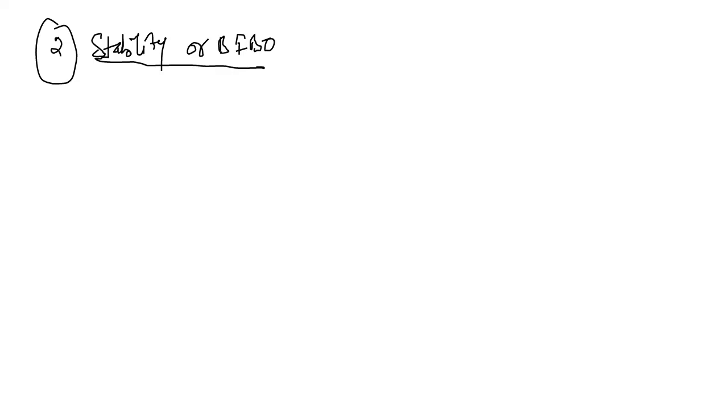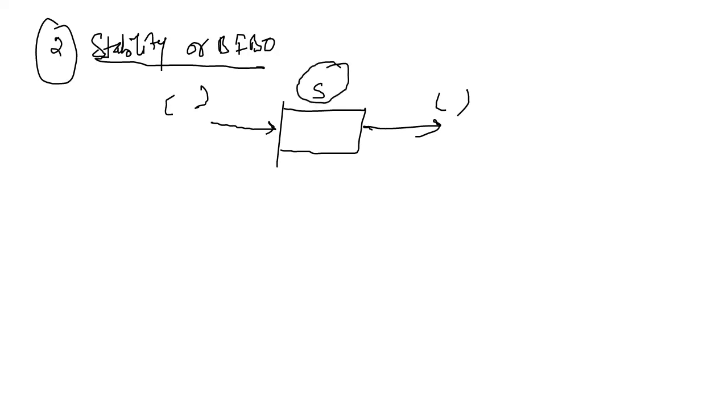The next property I am telling you is stability, or BIBO. First I am telling you the easy one. What is stability? Let's suppose I have a system. If the input of this system is in range and the output is also in range, then this system is called a stable system.